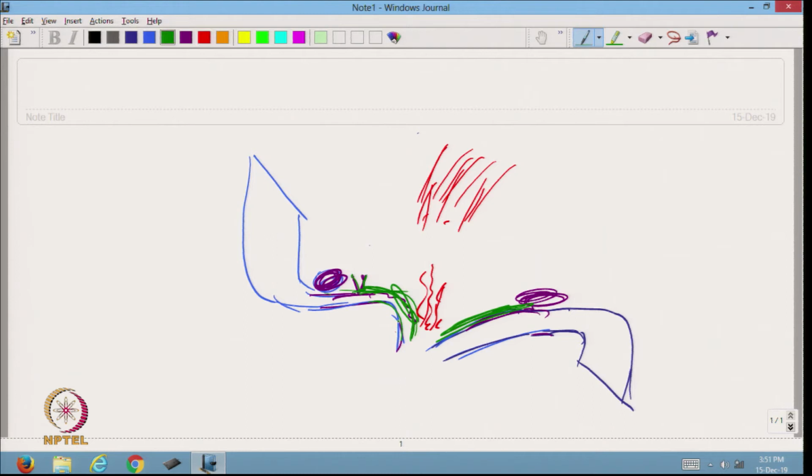So, ultimately what is happening, there will be one layer at the top and this layer at the bottom. This side is impregnated with resin, and in between there will be glass.